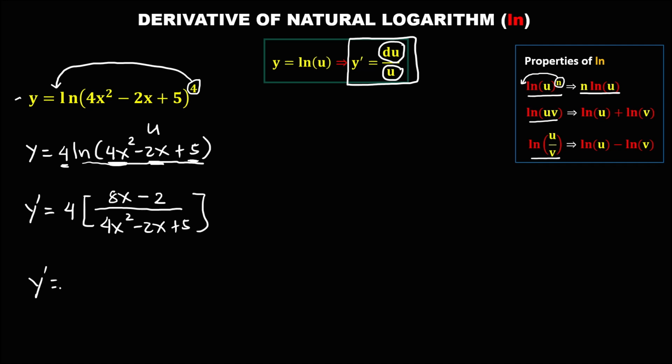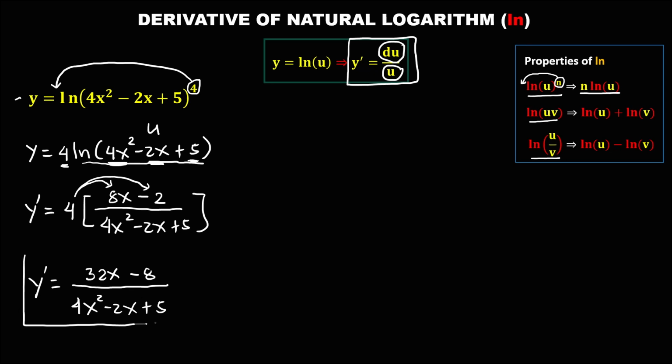Then to simplify, distribute this 4 to the numerator. So 4 times 8 is 32x. And 4 times negative 2 is negative 8. Then over, just copy the denominator, 4x squared minus 2x plus 5.